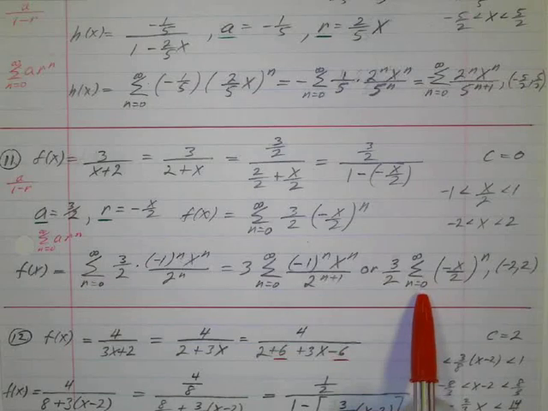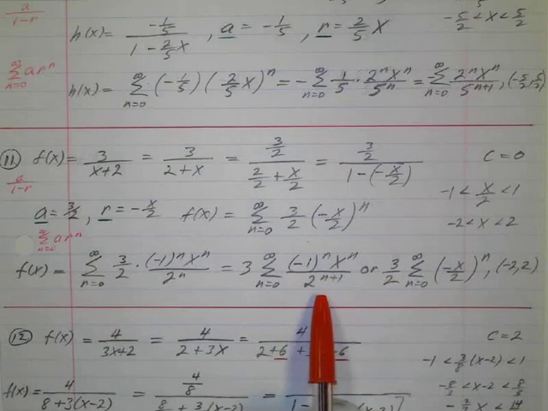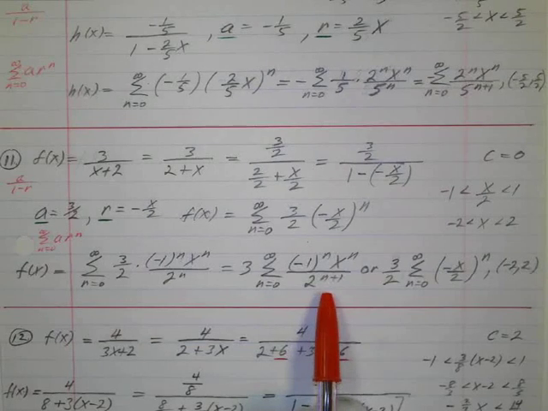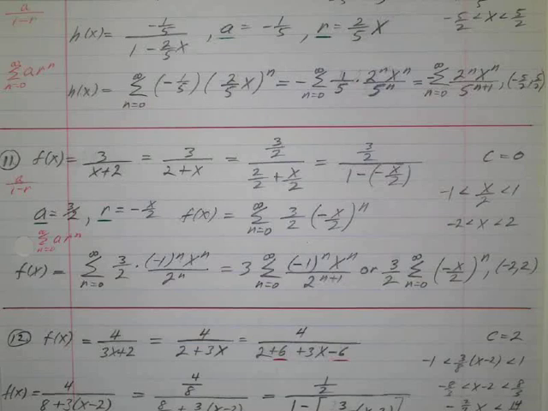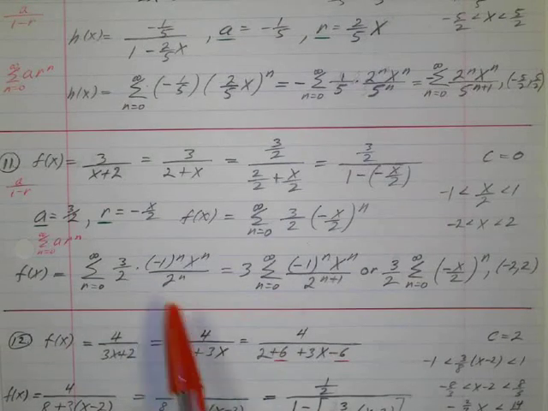But like I said, I think I like this form a little bit better, especially when you're taking derivatives or antiderivatives. This would work a little bit better, I think. Okay? And then there's your interval of convergence. But any of these answers would be correct.